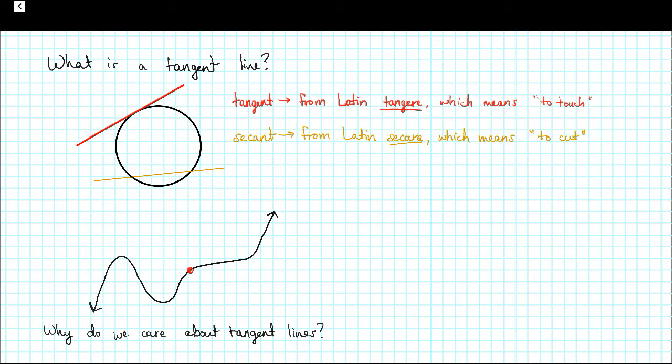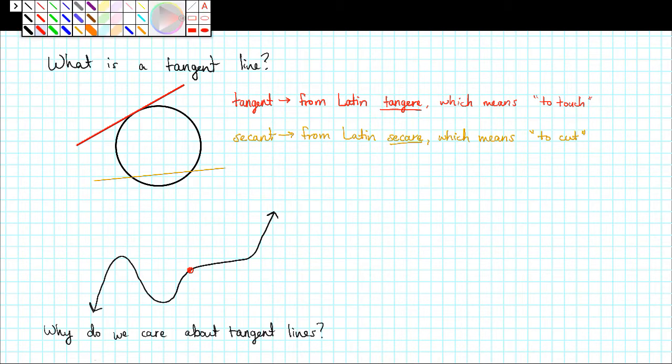So if you were to try to use the definition that the tangent line only touches the curve at one point, then you might actually try to make it do this. And that is a line that touches the curve at only one point.